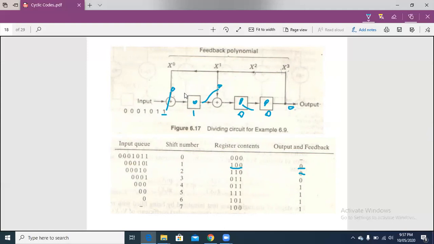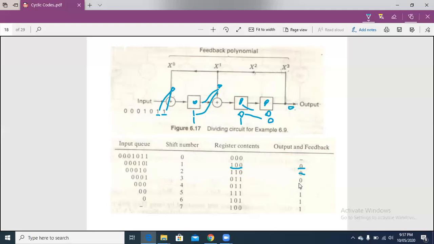Now we will move this one here. So this 0 with this one will give us 1 here, and this 0 with this one will give us 1 here, and this 0 will move here.